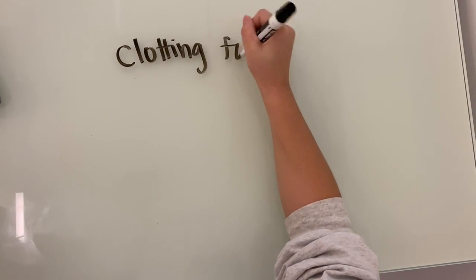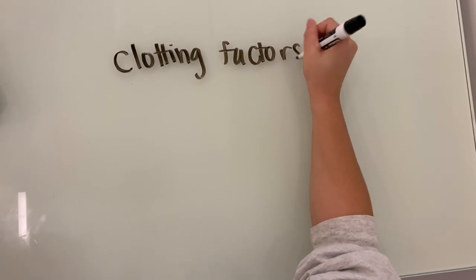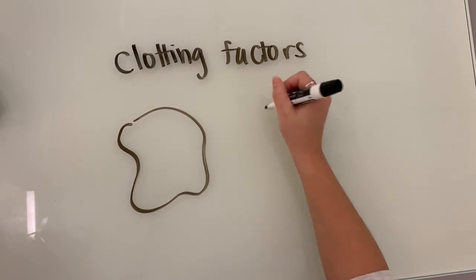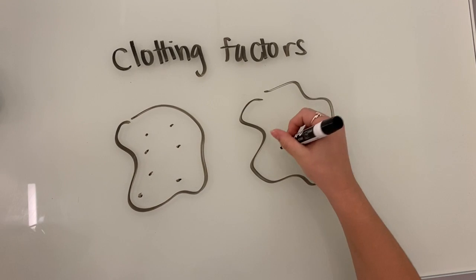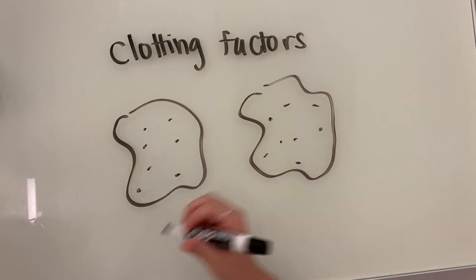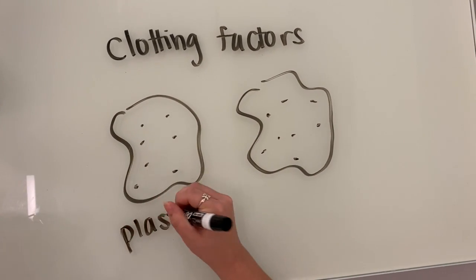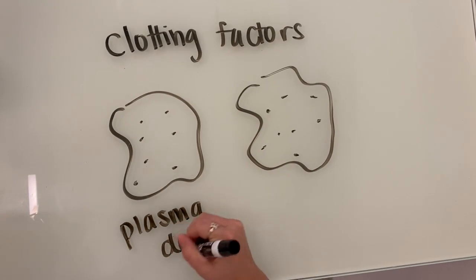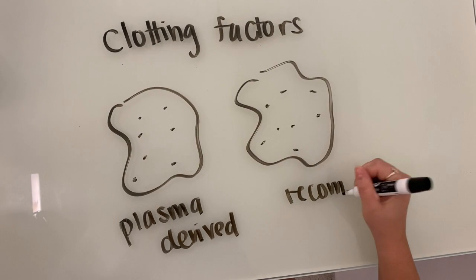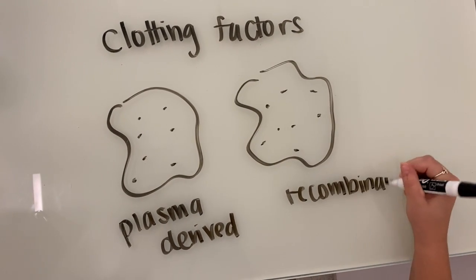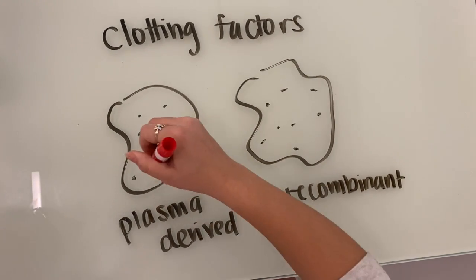There are currently two main clotting factors available: plasma-derived factor concentrates and recombinant factor concentrates. Recombinant factor concentrates do not include human plasma and are made by using technology to genetically engineer DNA. Recombinant factor concentrates eliminate the possibility of blood-borne viruses from spreading.